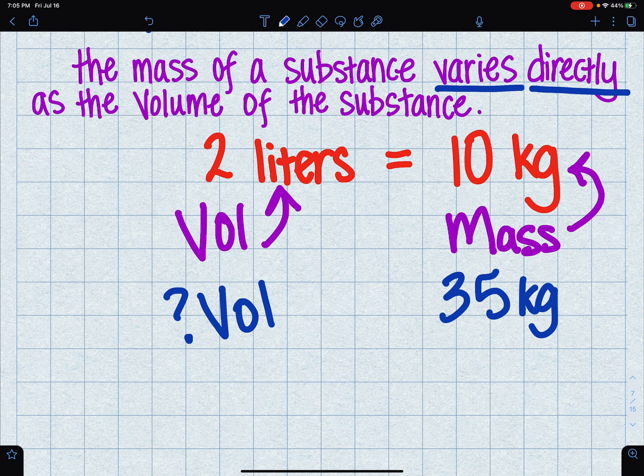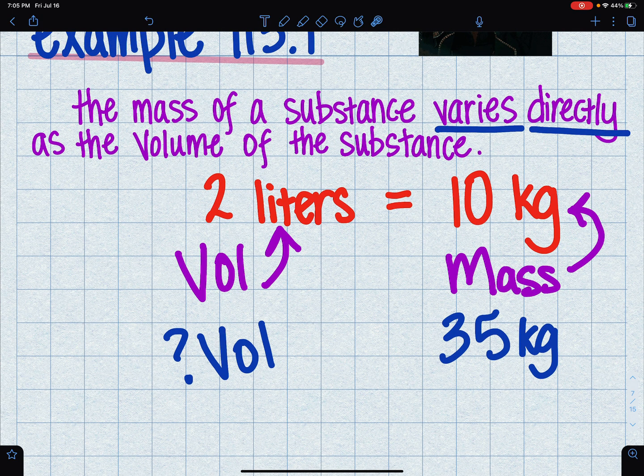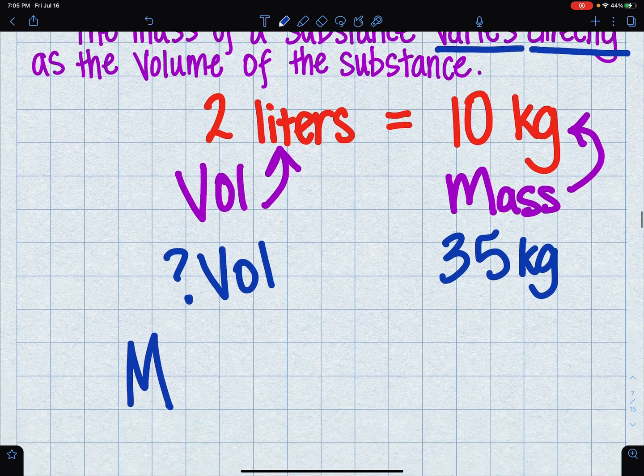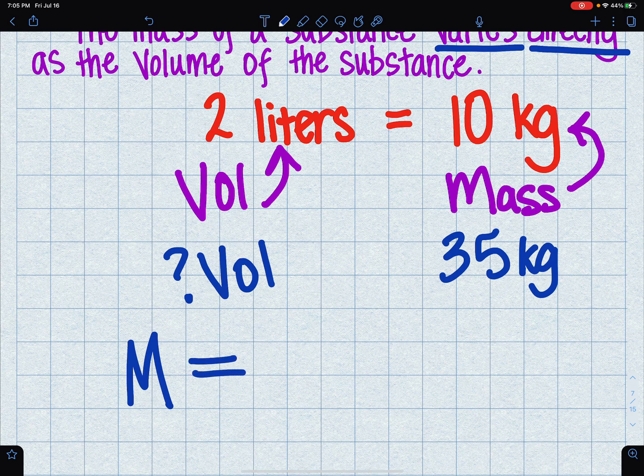So let's read the problem carefully to get the right equation, because if you do it wrong, you'll get the whole thing wrong. It says in the first sentence, the mass of a substance varies directly, that's where I'm going to put my equal sign, varies directly as the volume.